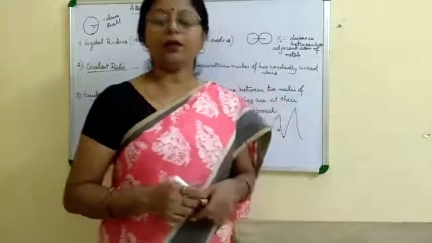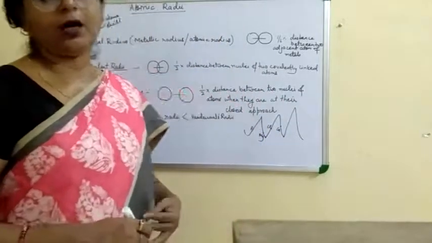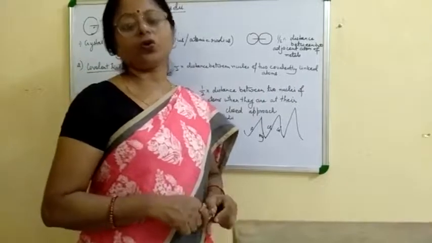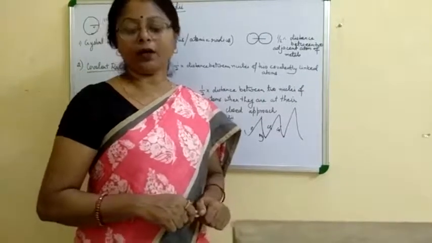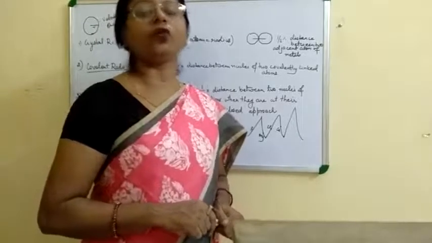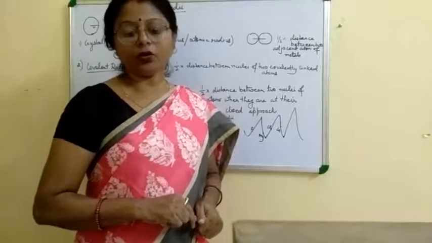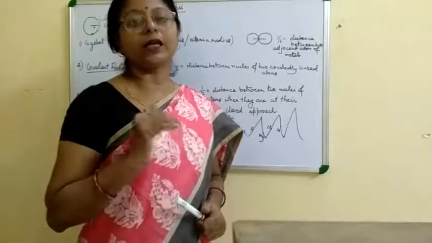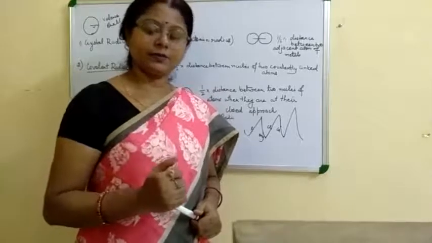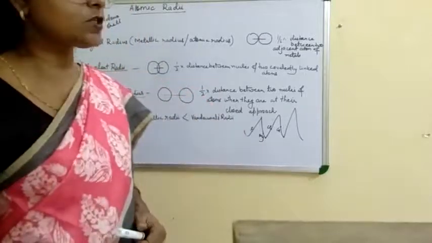So we can find out the ionic radii of the isoelectronic ions. It depends upon the magnitude of the nuclear charge. If the magnitude of nuclear charge increases, ionic radii decreases. So let us do some questions based on it.